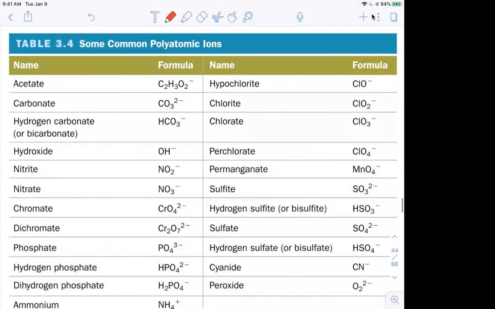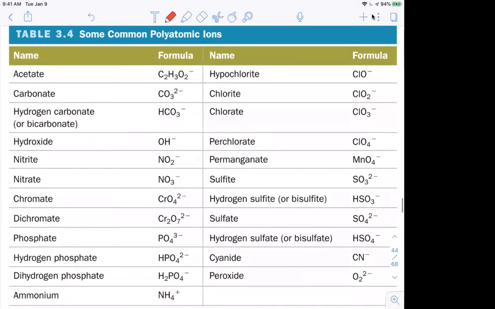This is an example of a chart that I'm talking about. Here's my nitrite, which was NO2 minus. Notice that ending is ITE. Here's a nitrate. It almost looks identical, except I have one more oxygen.